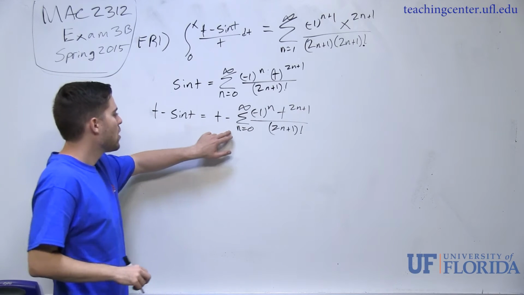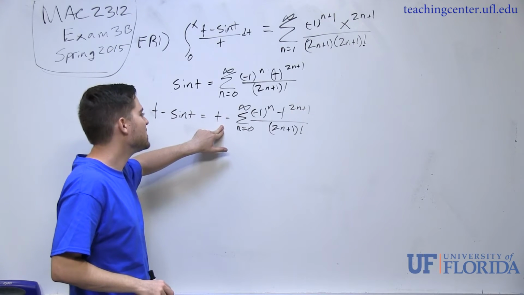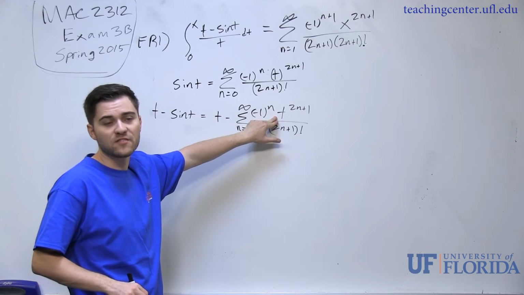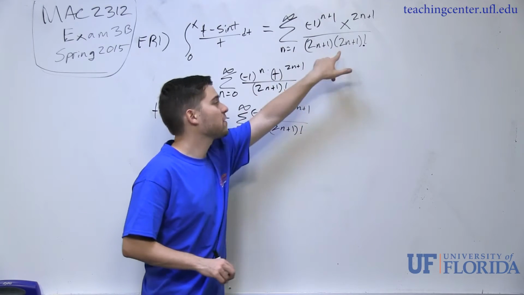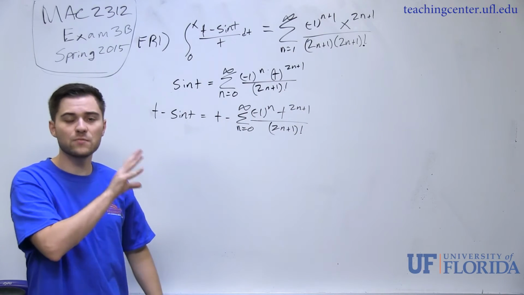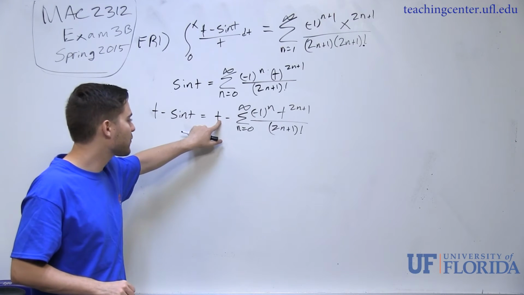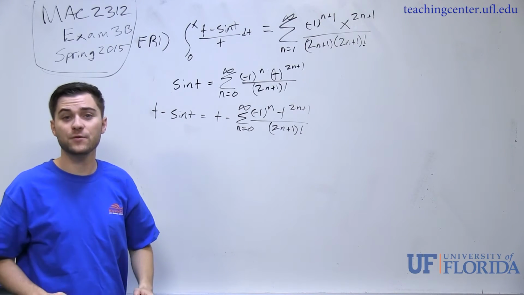Good. Now I can cancel out this t term by expanding out the first term in this series. The reason I want to do that is that if I look at my series up here, there are no additional terms added or subtracted, so I would rather get rid of it and have just a power series by itself.